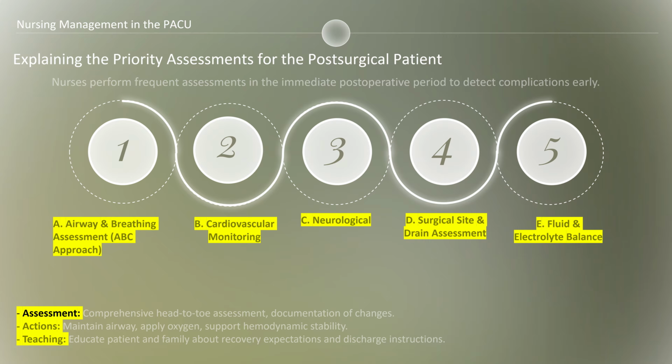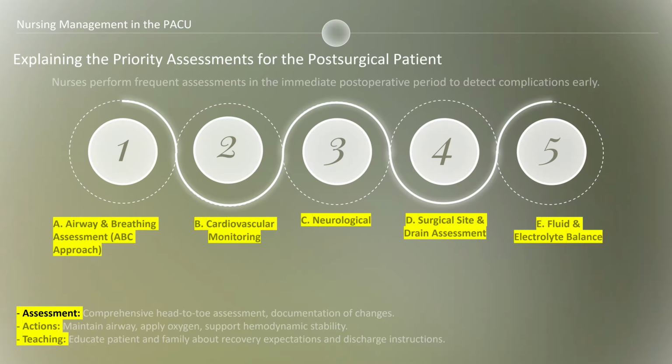Monitor surgical drains for output. There are all kinds of surgical drains, like Jackson-Pratt or Hemovac. Assess for wound problems, for instance wound dehiscence, or evisceration, where the organs are protruding.